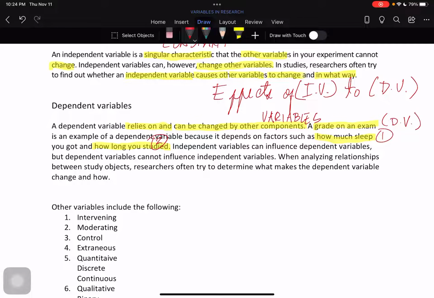Independent variables can influence dependent variables. Independent variables usually influence dependent variables. But again, as I mentioned earlier, dependent variables cannot influence independent variables. When analyzing relationships between study objects, researchers often try to determine what makes the dependent variable change and how.